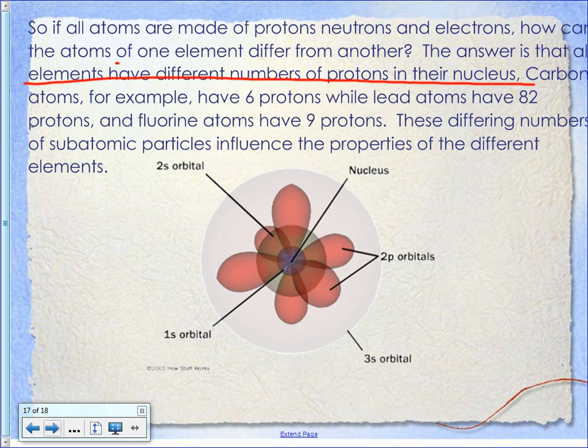But again, carbon-14 and regular carbon have the same physical and chemical properties. Even though they have different numbers of neutrons, they have the same number of protons, so they have the same physical properties. Question? No? Okay. All right, so basically, big thing to remember, protons. Number of protons is what determines the properties of an atom.